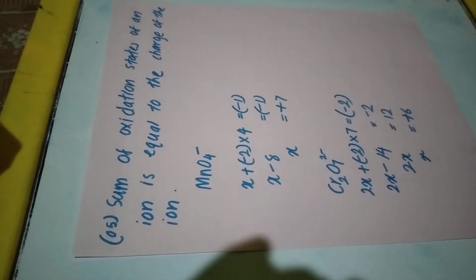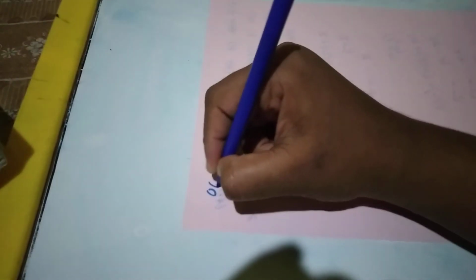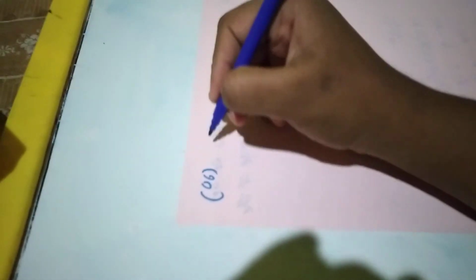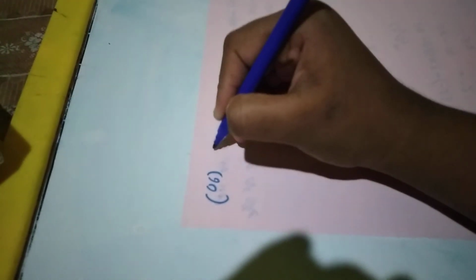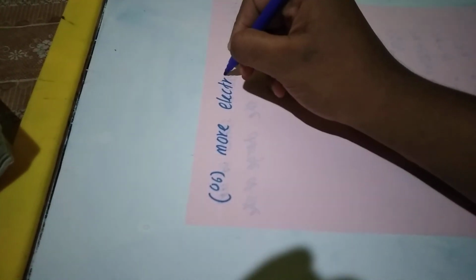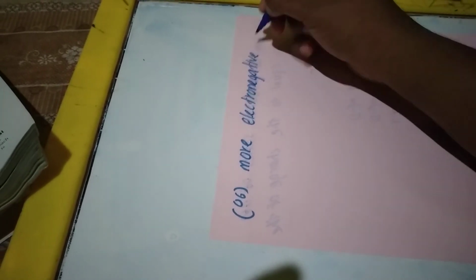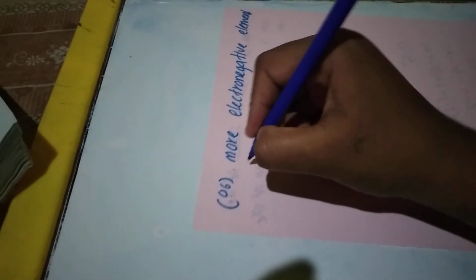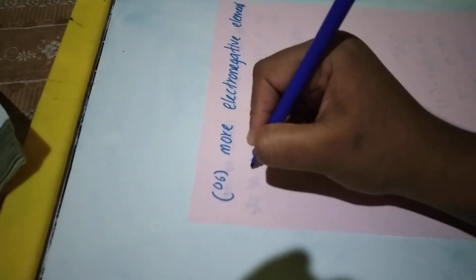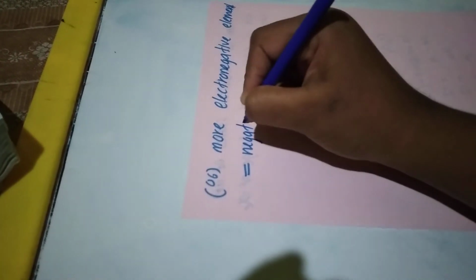Okay. The last rule is that, whether it is in a compound or an ion, the more electronegative element gets the negative oxidation state.